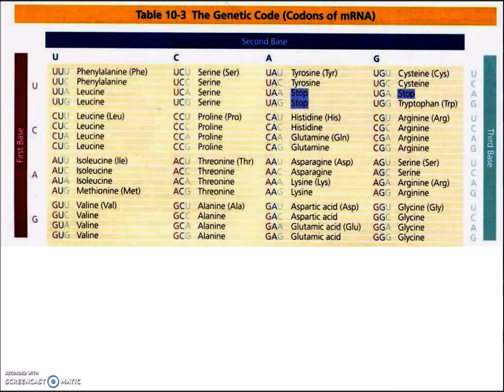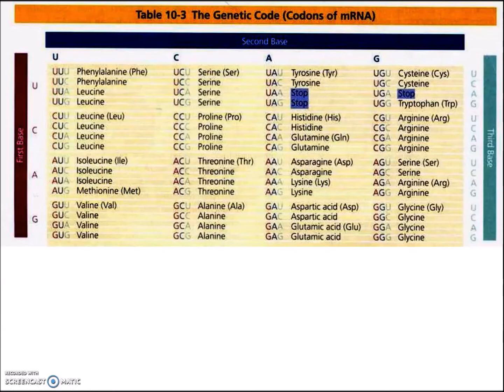In addition to the stop signal, there's also a start signal. Most proteins start with one particular amino acid, methionine. The signal for start is the triplet AUG. That's typically the amino acid that begins all proteins.